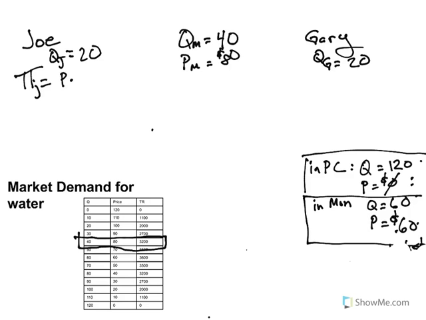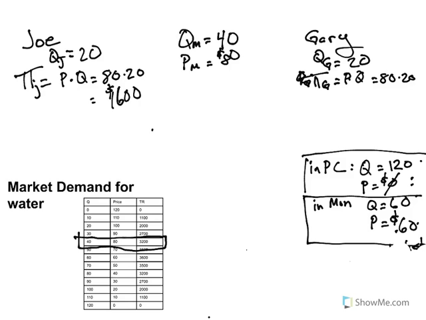So price times quantity is 80 times 20, which is $1,600. And for Gary, oops, not price, profit for Gary is price times quantity, so 80 times 20 is $1,600.